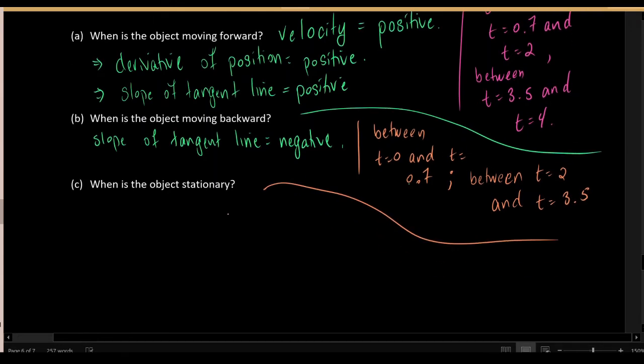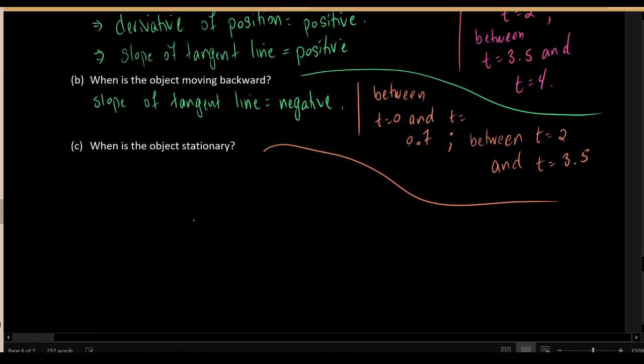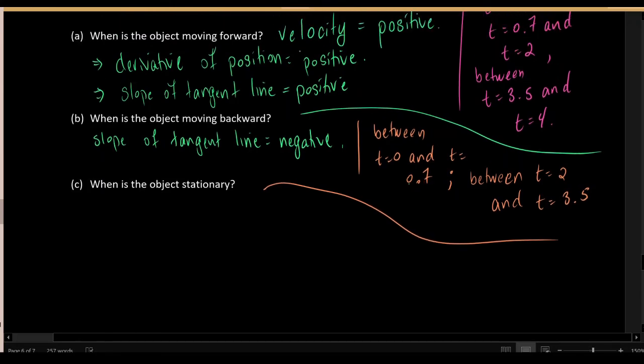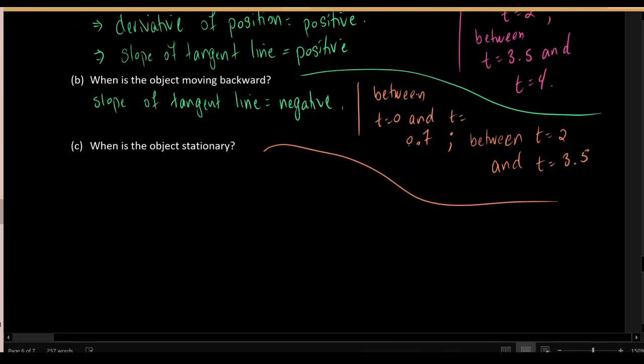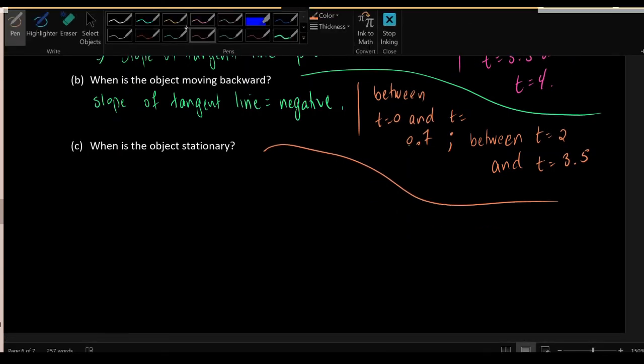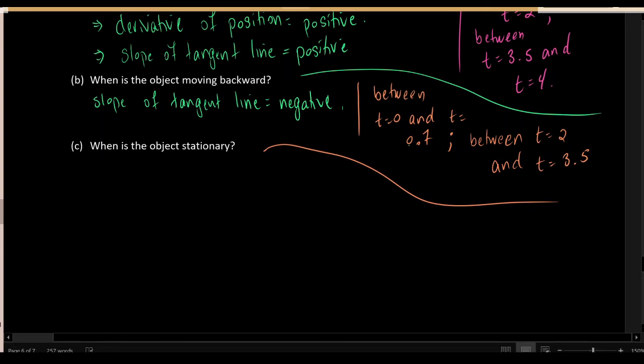Now someone says, are there any moments in this object's journey when the object is basically stationary? Now if moving forward is a positive velocity and moving backward is a negative velocity, standing still represents a velocity of 0.